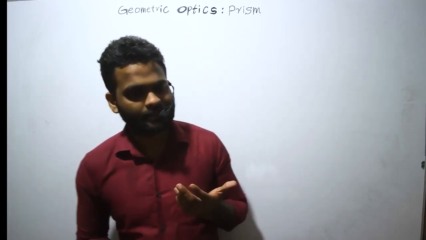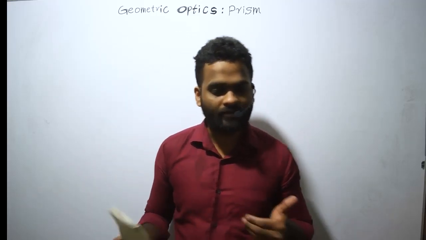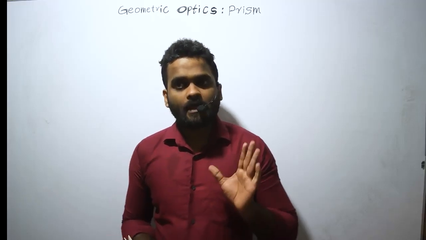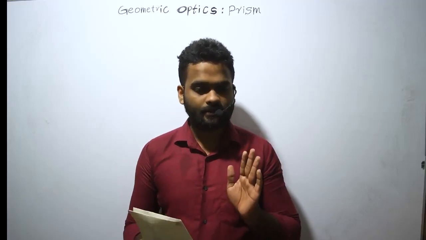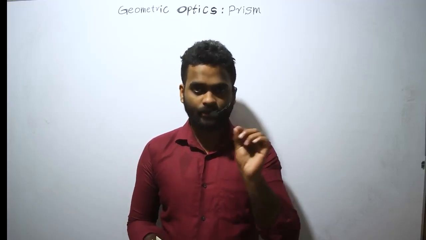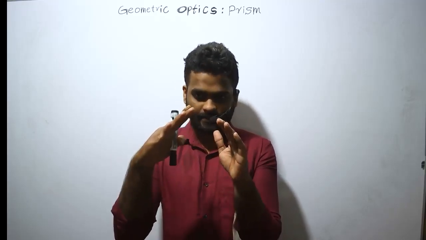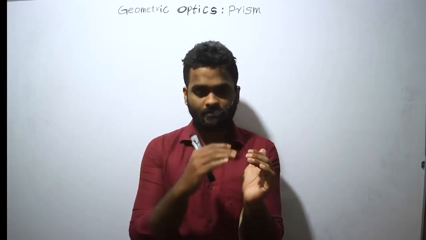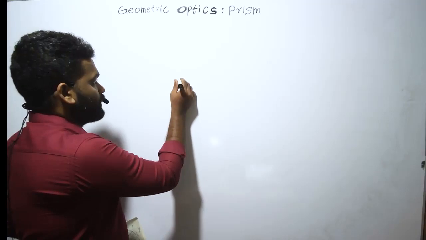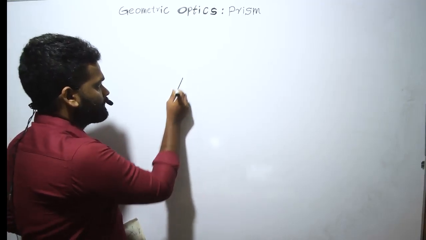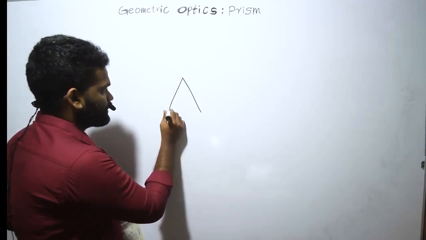Usually in O-level times, you have learned that a prism has two triangular shapes, right? Two triangular shapes and three rectangular shapes. It is like this. So I can show one triangle like this.